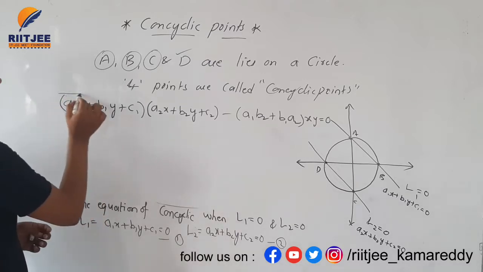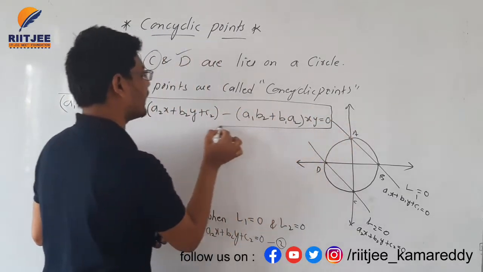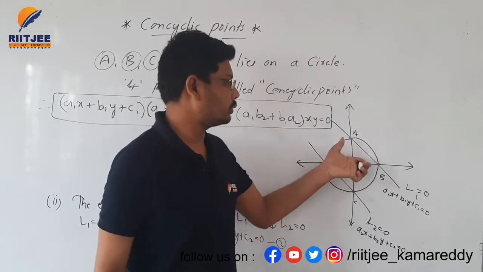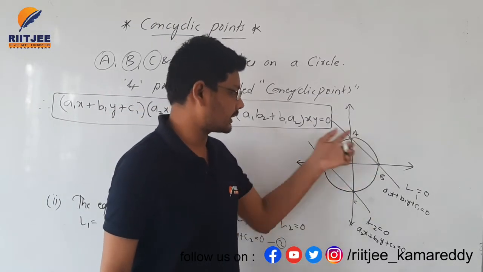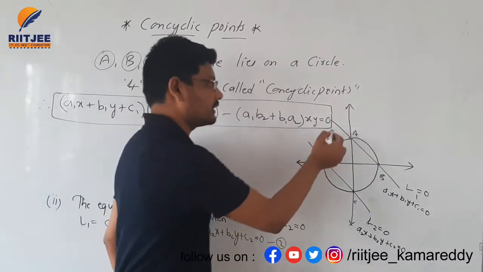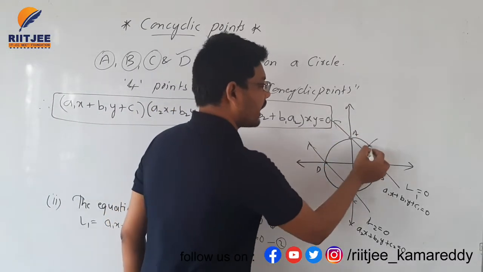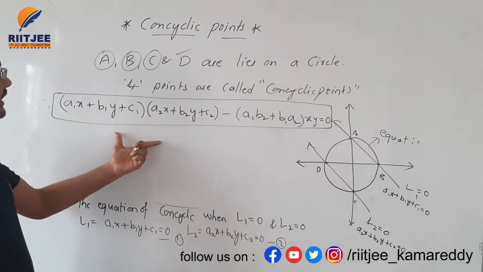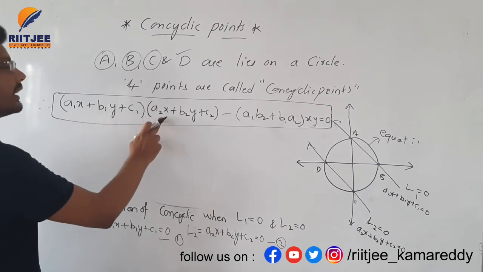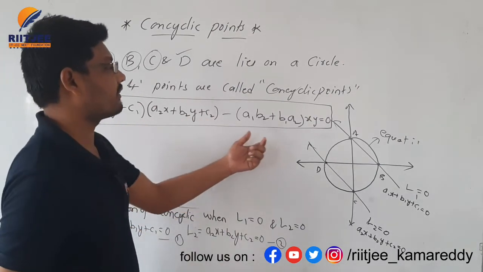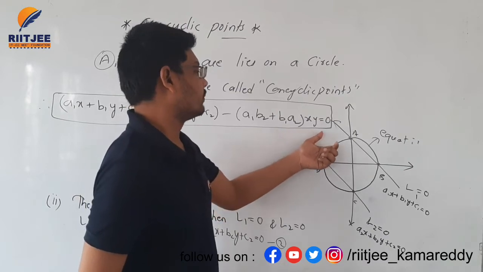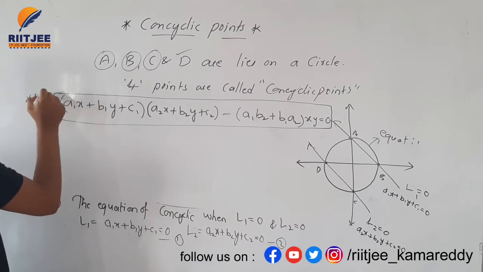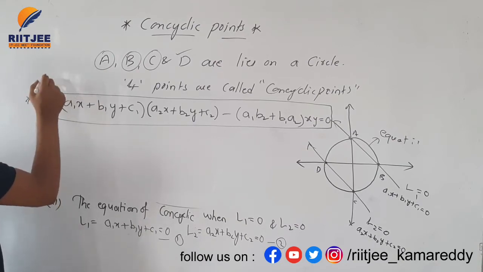This is the equation of a circle when two lines of concyclic points are given. When two lines intersect the coordinate axes at four distinct points, the general form of the equation of this circle is a1x plus b1y plus c1 into a2x plus b2y plus c2 minus a1 a2 plus b1 b2 into xy is equal to 0. This is the equation of the circle when two lines of concyclic points are given.